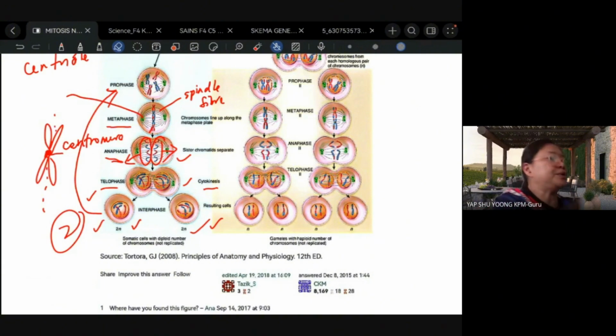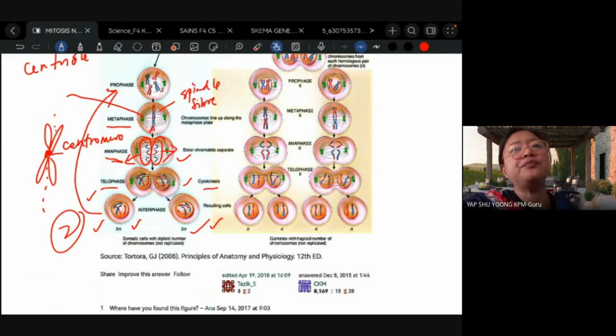Okay, just now we said the chromosomes will move. How do they move? The spindle fiber becomes shorter as it pulls the chromosomes at the centromere to the opposite pole.